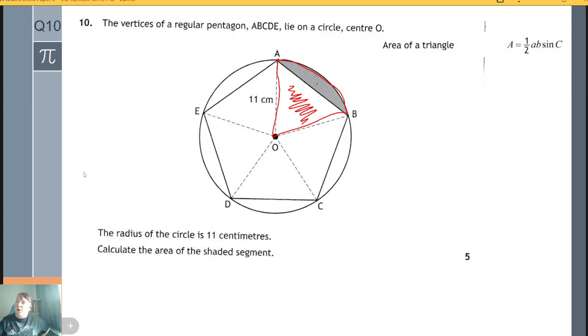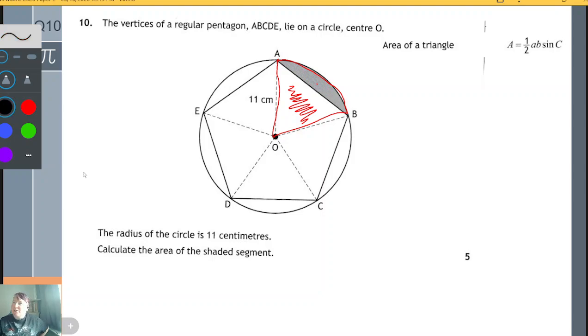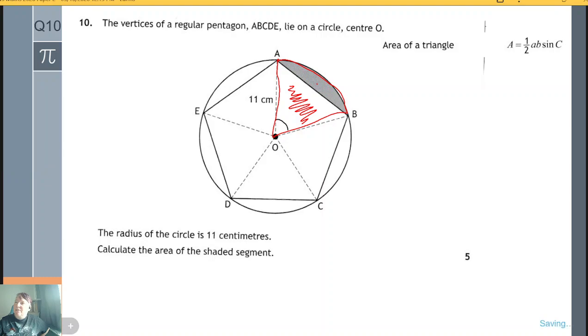Right, so I've written down the area of the triangle formula, and we can have a go at finding the area of the sector first of all. So this sector is going to be how many degrees? Well, start off with 360 divided by 5 equals, and I happen to know it's 72 degrees because I've done these too often.